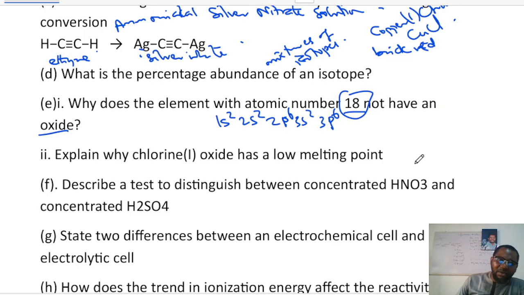Whenever you have a substance having a low melting point or a high melting point, either low or high, most likely it has to do with van der Waals forces, because the intermolecular force responsible for boiling point is simply what we call the van der Waals forces. Are you with me? Very, very important.